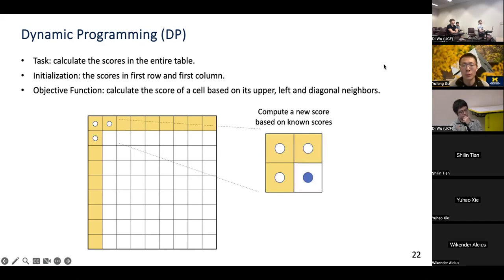And we know the objective function that, based on some known results, calculates the new score. So based on the objective function, we could finish the entire problem. And this large problem is actually broken down into simpler, smaller problems.